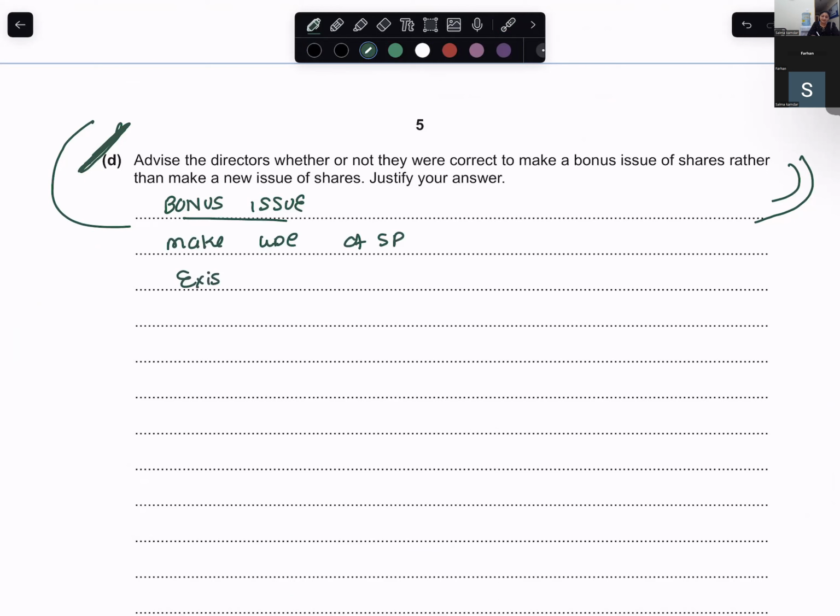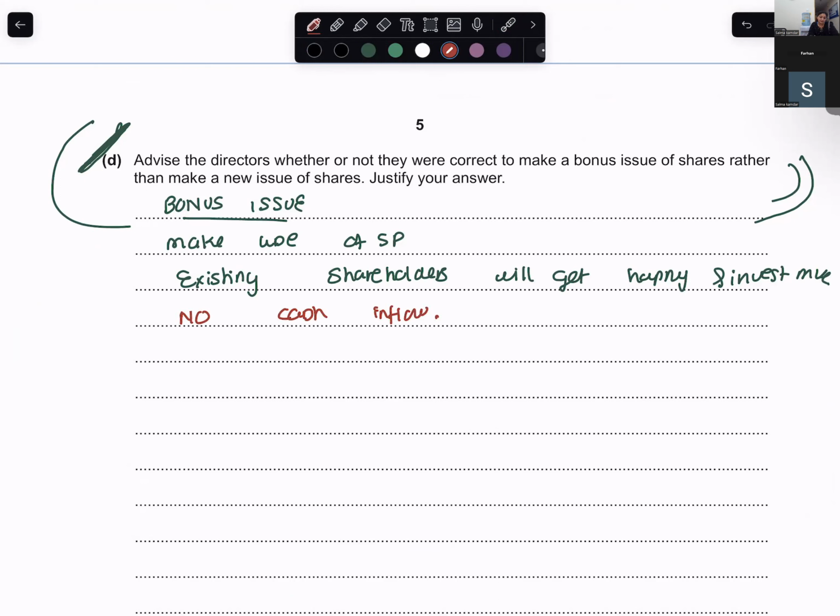Existing shareholders will be happy and they will invest more. Disadvantage: you'll get no money because it's free, no cash inflow. So three points you write for bonus issue, fine.